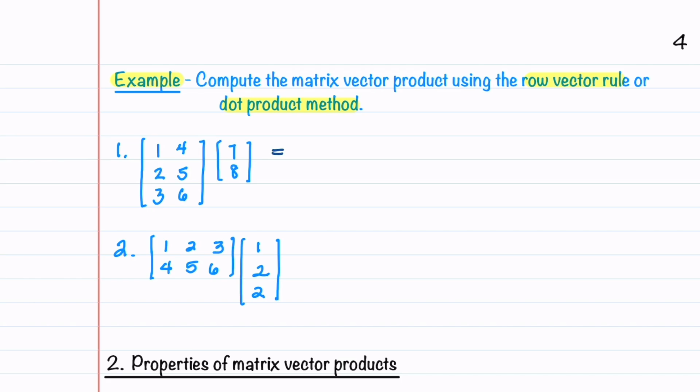To compute this product, we're going to multiply row 1 times X, and then row 2 times X, and then row 3 times X. We'll first multiply row 1 times X. This gives us 1 times 7 plus 4 times 8.